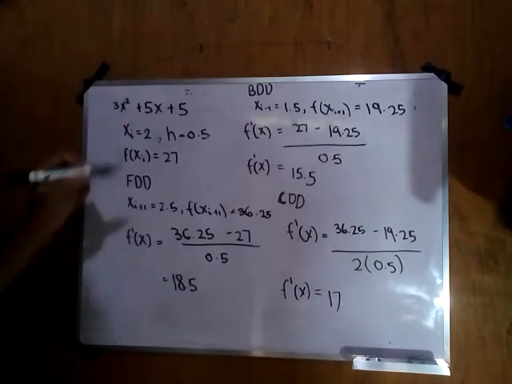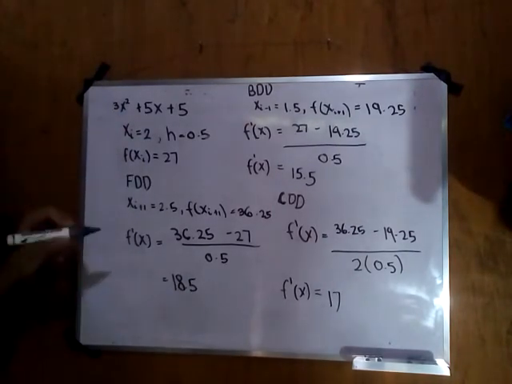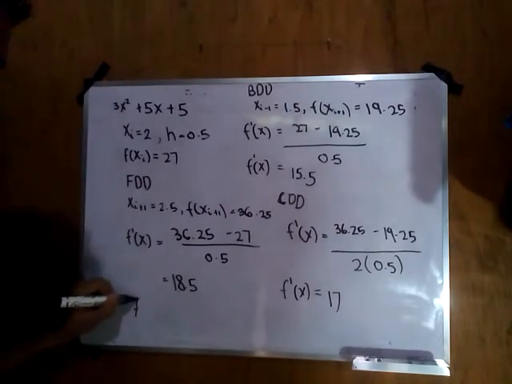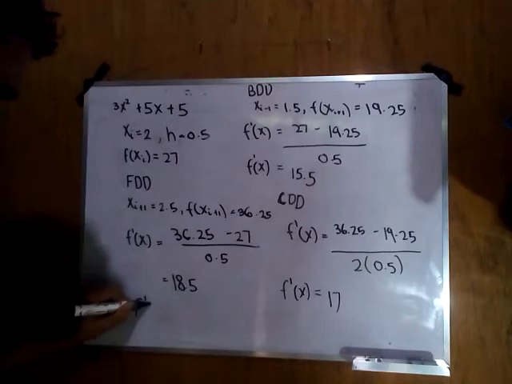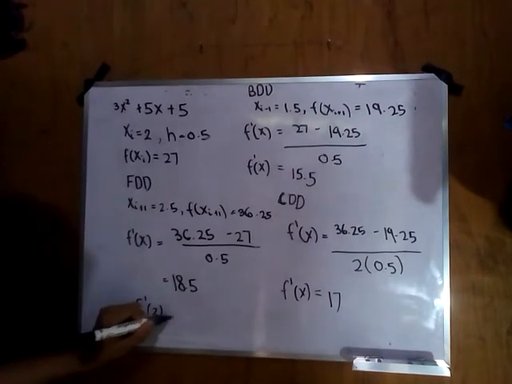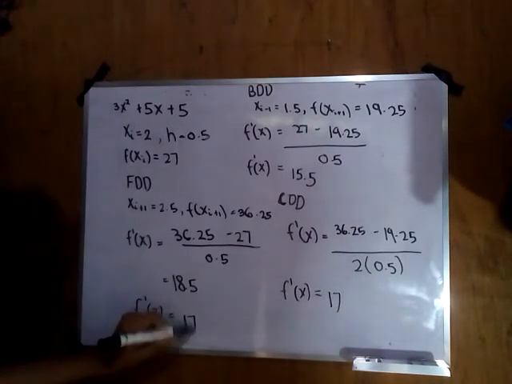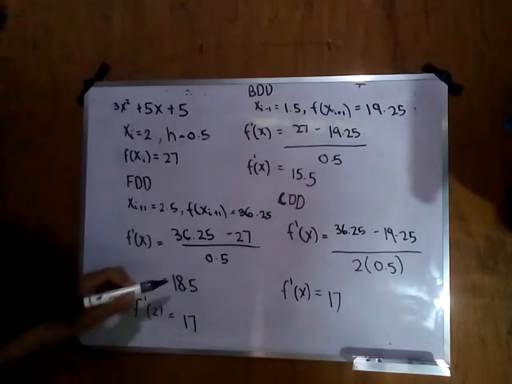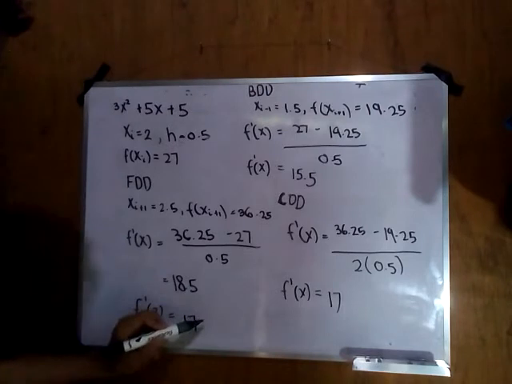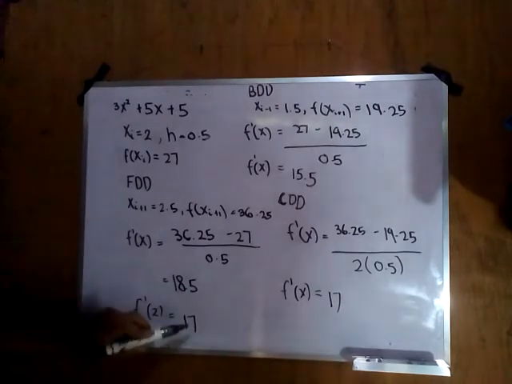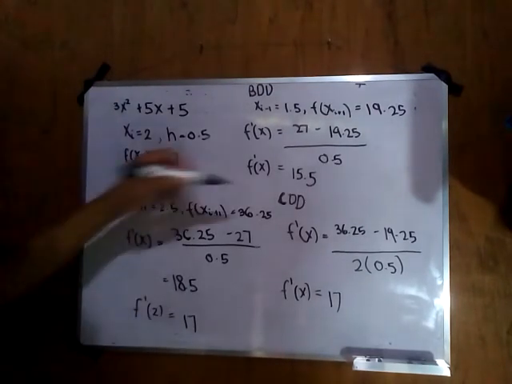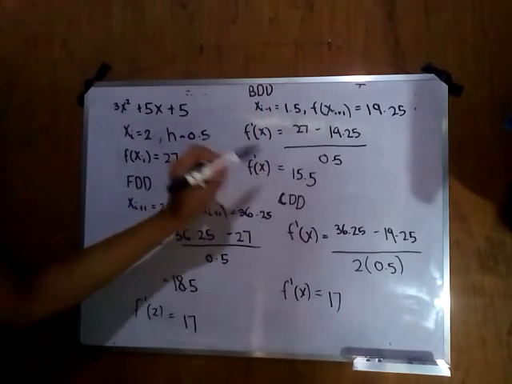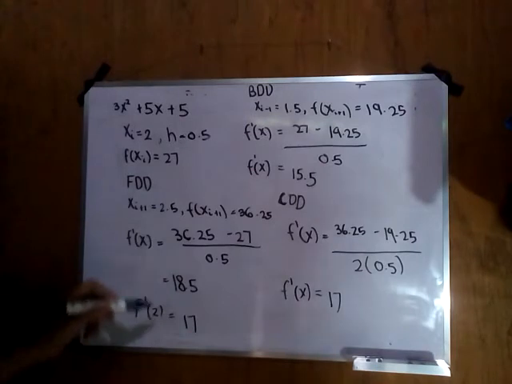And take note, the actual value of our slope at point 2 is equal to 17. Comparing the FDD value to the true value, there is a 1.5 difference, and for our BDD, there's also a negative 1.5 difference.